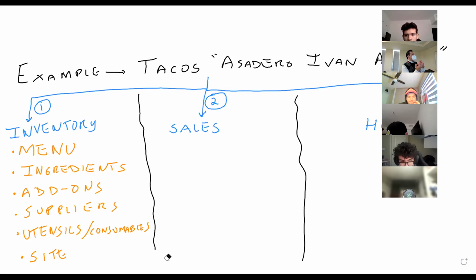When I say site, I mean the specific taqueria where it's located. So if I'm looking at the regional, I want the system to be for the whole inventory, then I want to be able to identify what specific taqueria I'm talking about. Does that make sense? If we were to say, you know what, Ivan has decided that he wants to test this system just with one taqueria in Tijuana, then we would reduce the scope.